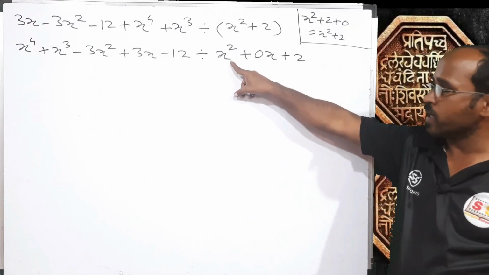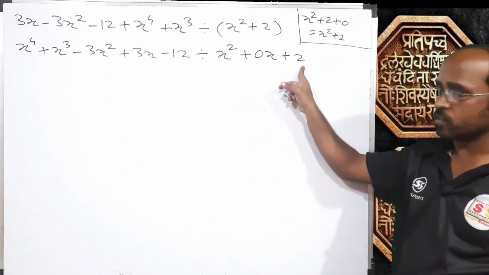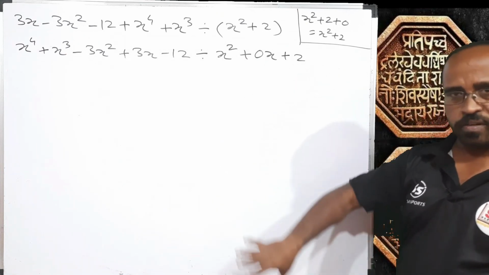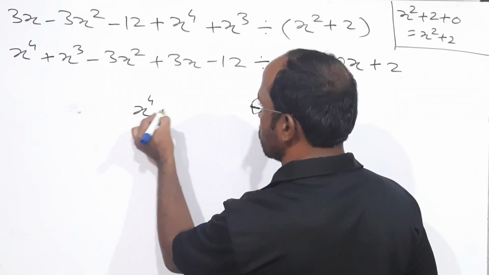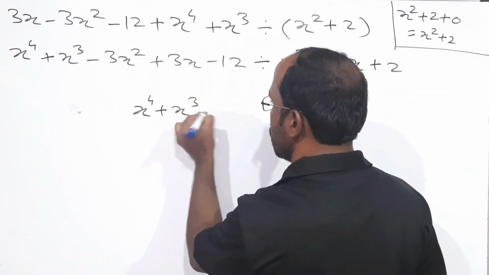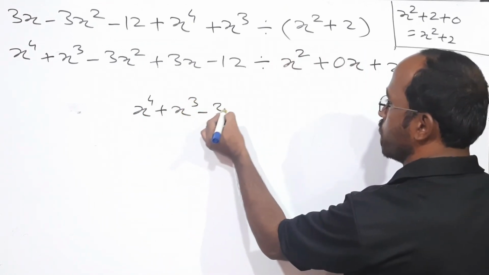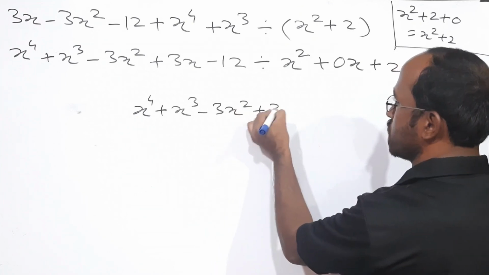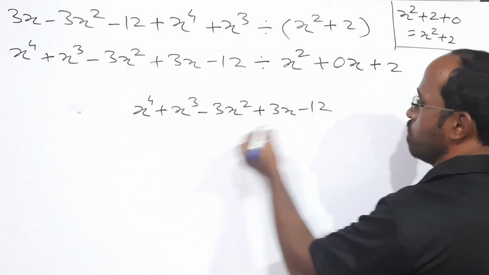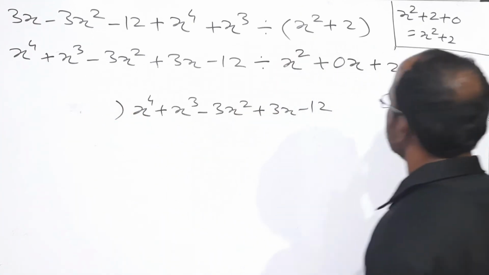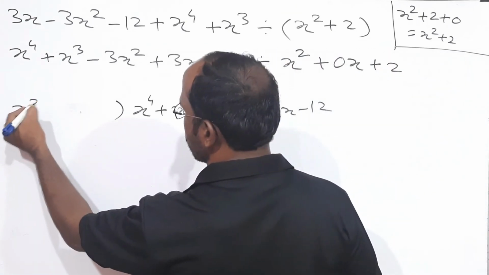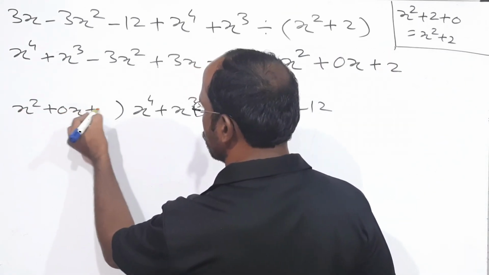Clear? Here index is 2, here index is 1, here index is 0. Now let's divide it. X raised to 4 plus x cube minus 3x square plus 3x minus 12 divided by x square plus 0x plus 2.